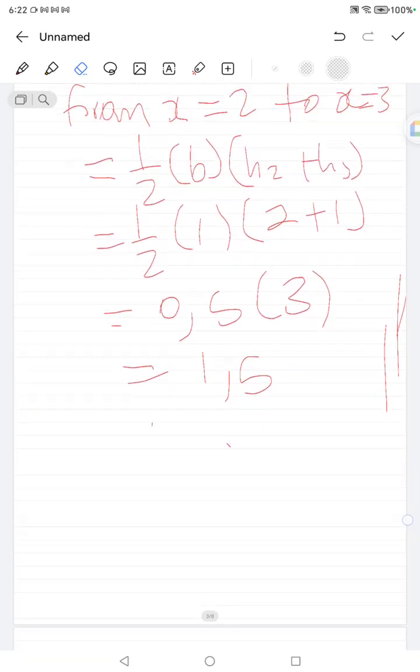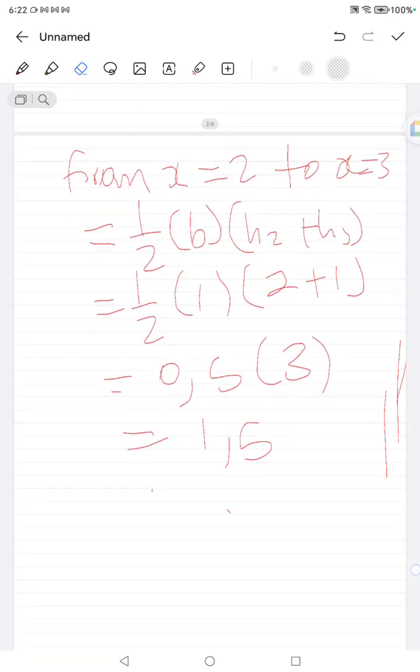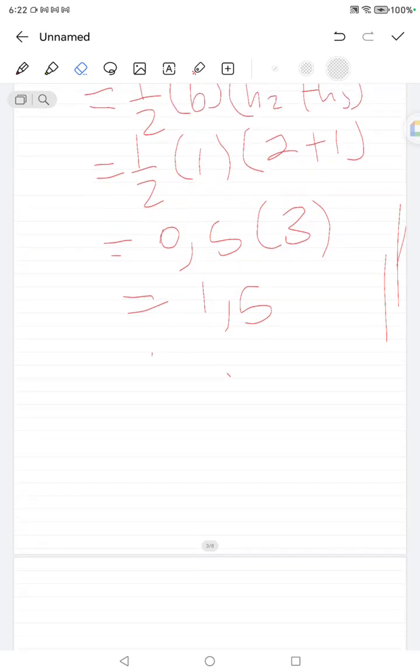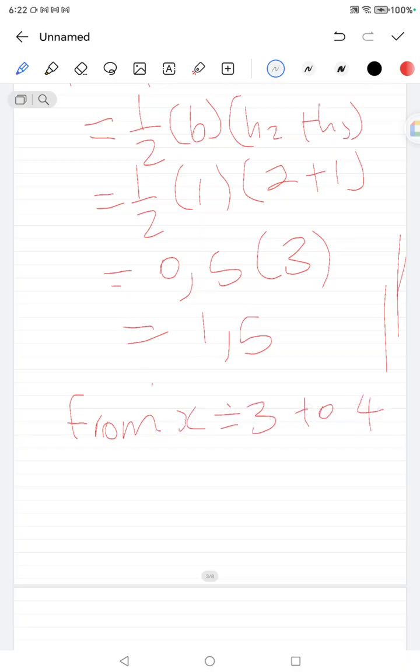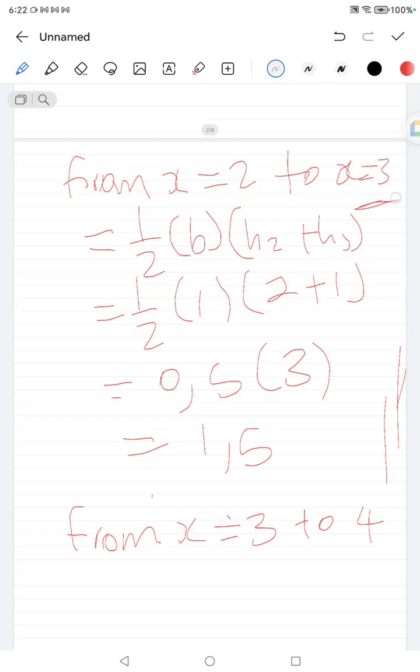Remember the last one was from x equals 2 to 3. Now we'll continue from x equals 3 to 4, because the last one we were at 3.